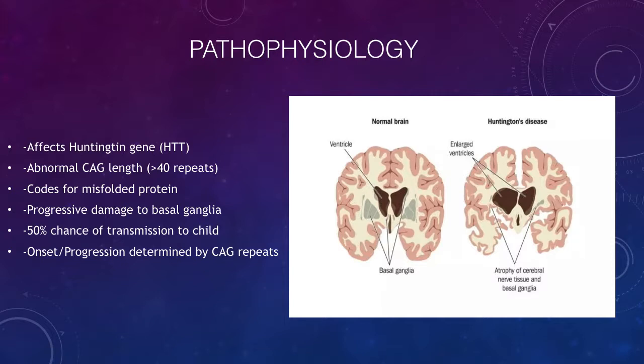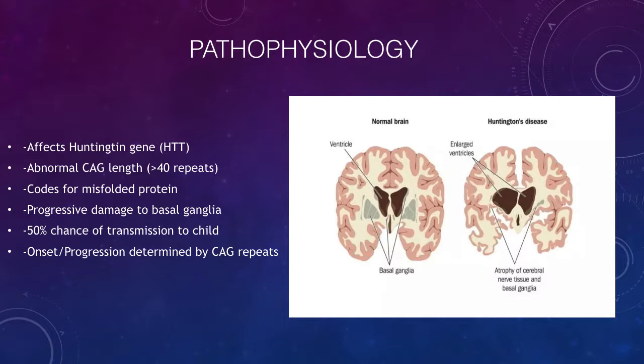And basically, what that means is when a parent, say a non-Huntington's parent with 35 repeats or so, has a child, it's possible for that HTT gene to have mutated to produce, let's say, 45 or so, or 40 repeats of the CAG. And this actually causes Huntington's in the child.